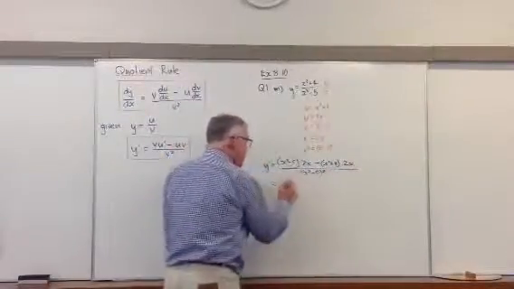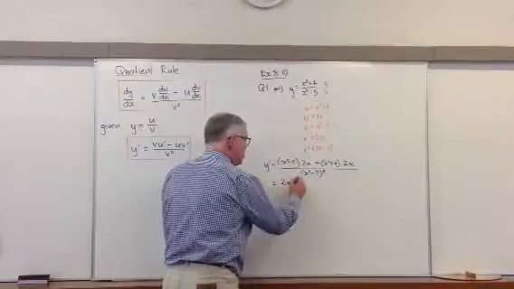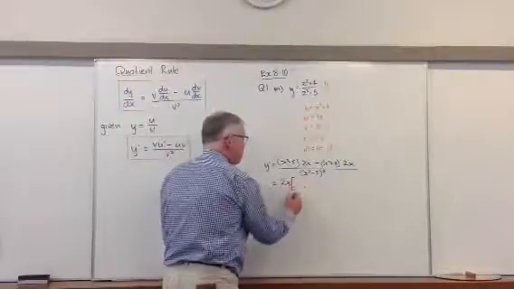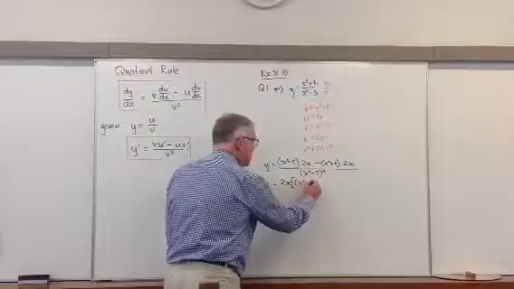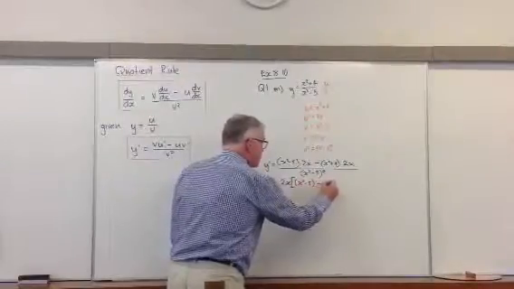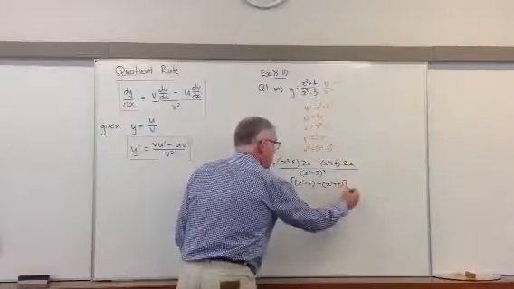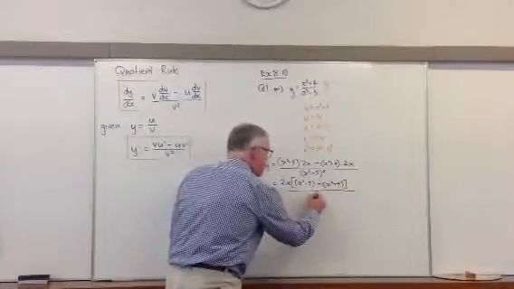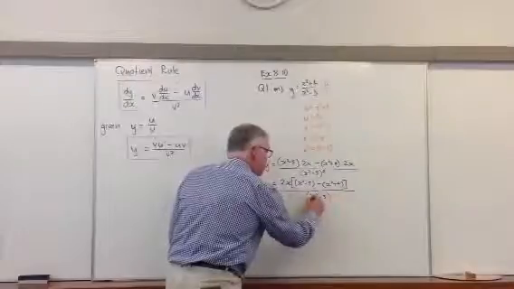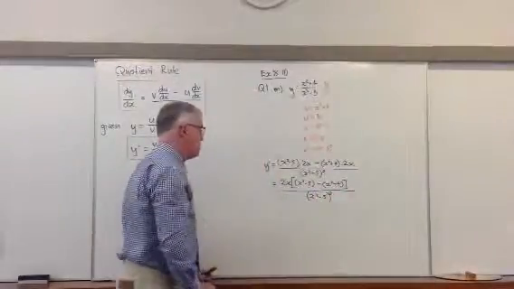So I'm going to take 2x out as a common factor, which would leave us with x squared minus 5 minus x squared plus 4 all over x squared minus 5 all squared.